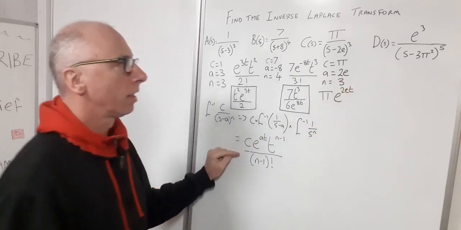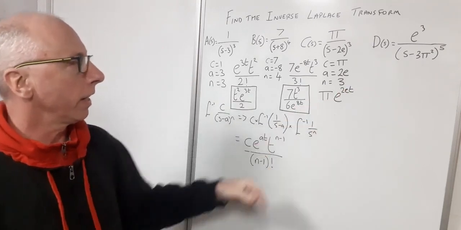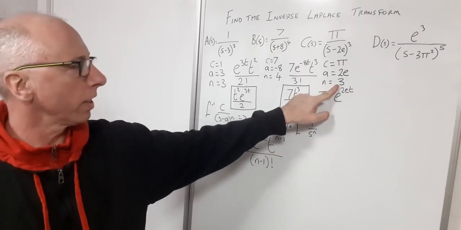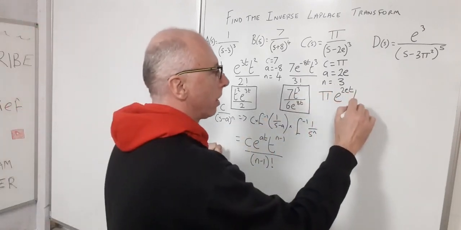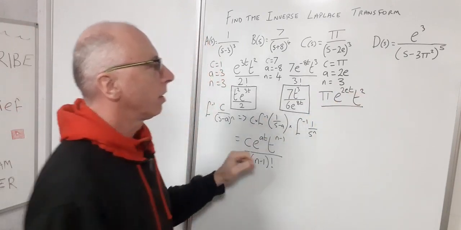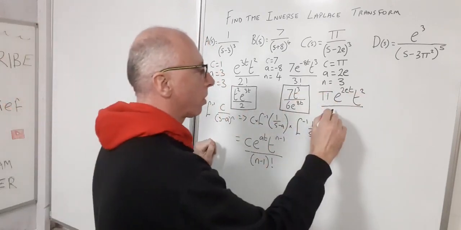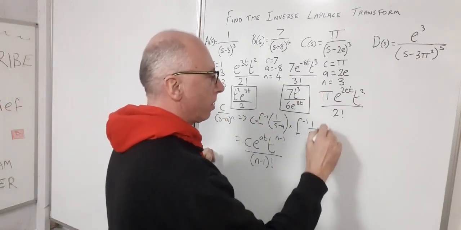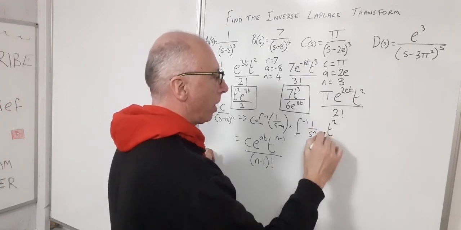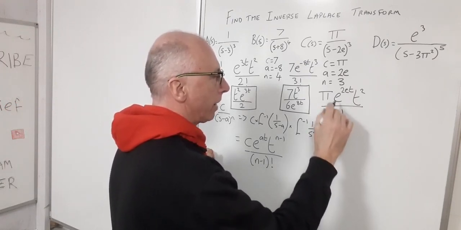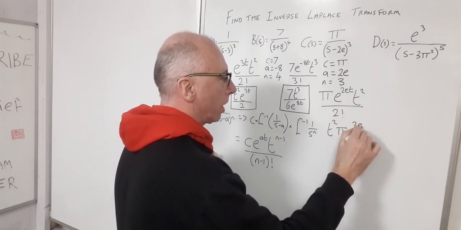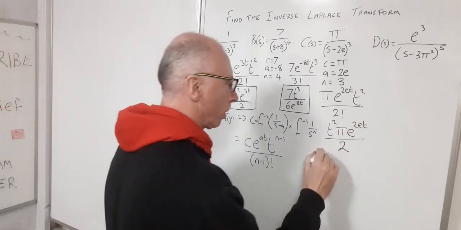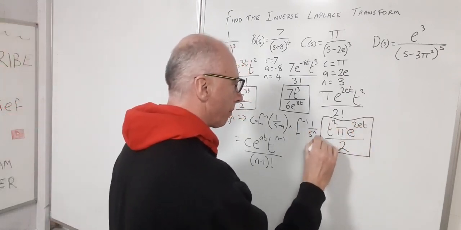So that's an interesting look, we've got an e and an e here. And t to the n minus 1. Well, n minus 1 is 2, so we've got t squared, and then divide that by n minus 1 factorial, so that's 2 factorial. So we can simplify this as t squared and the pi, so I'll put pi there, and then e to the 2et divided by 2. So that'd be my result for this one.